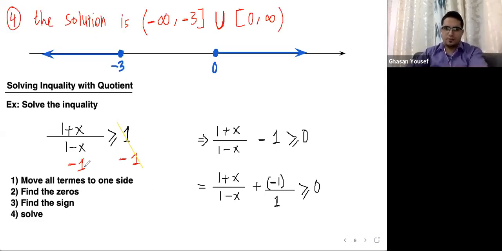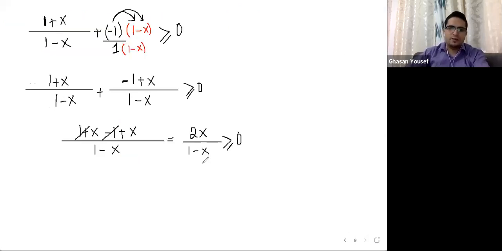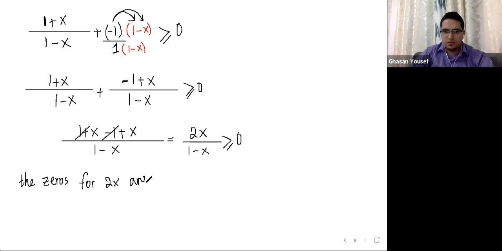Let's do this step: moving all terms to one side, find the zeros. So to find the zero, how can we find it? Here we have to find the zero for 2x, and we have to find the zero for 1 minus x. So what is the zero for 2x?